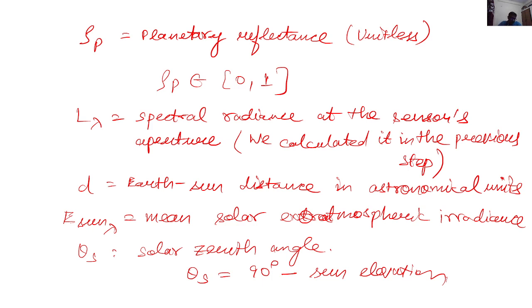Anyway, so these final three quantities, d, E sun lambda, and theta s, they are given in the Landsat handbook, if you are using Landsat.